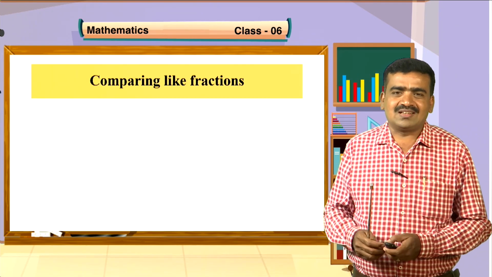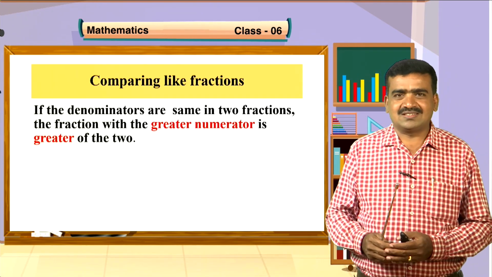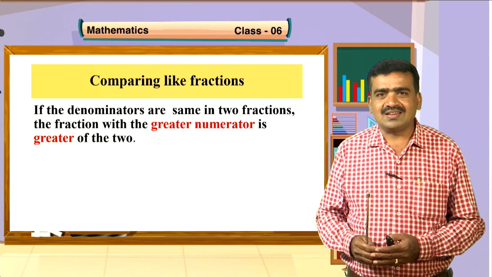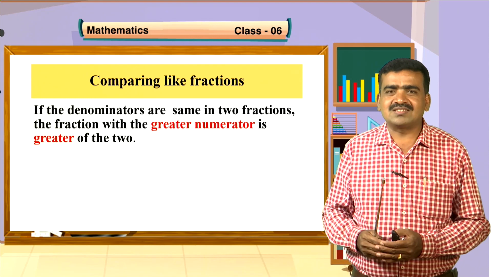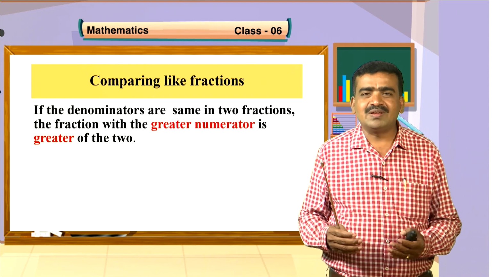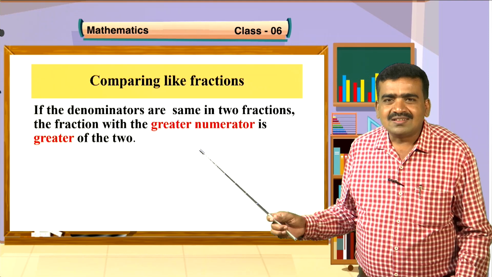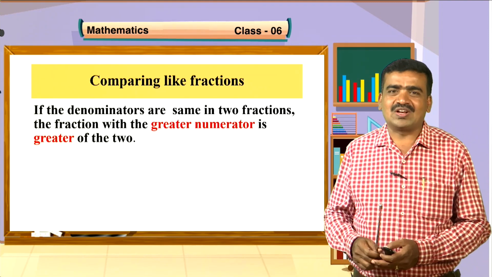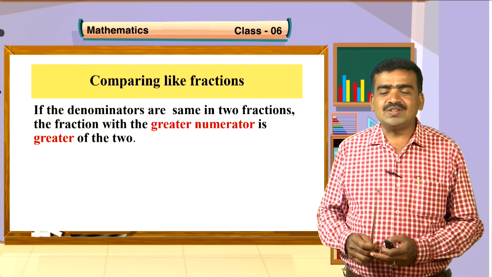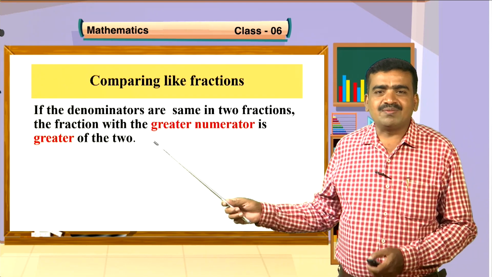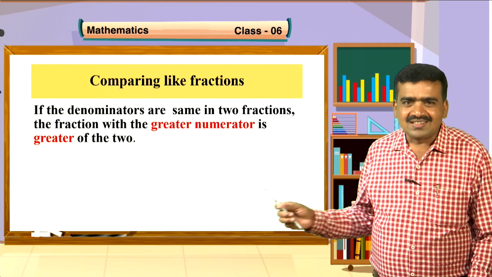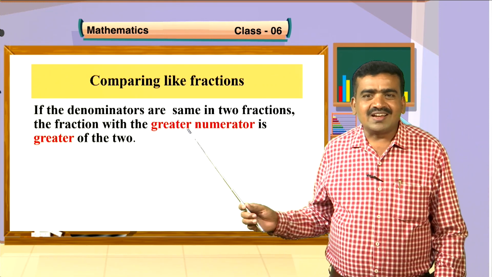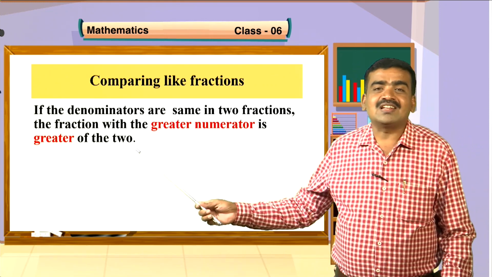Now, let us learn the comparing of like fractions. My dear students, I told you already, if you compare fractions mathematically, it will be easier. For that, there is a condition to compare the fractions. Which is that condition? If the denominators are the same in 2 fractions, the fraction with the greater numerator is the greater of the 2.